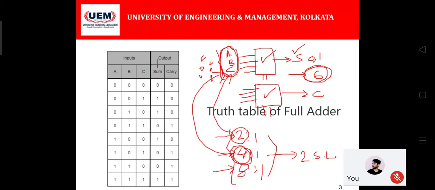But I am only looking for the sum part at this moment. If I can implement the sum part, then in some way I'll use another multiplexer and create some situation through which I can accompany the carry part also. But our main priority is to implement at least one part.